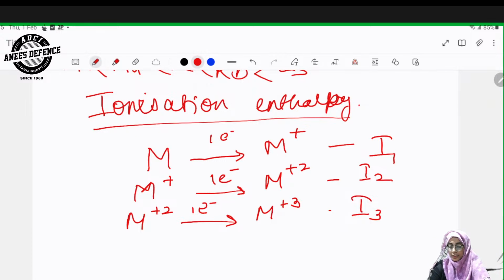Now, here what happened? This is the first ionization enthalpy, second ionization enthalpy, and third ionization enthalpy.